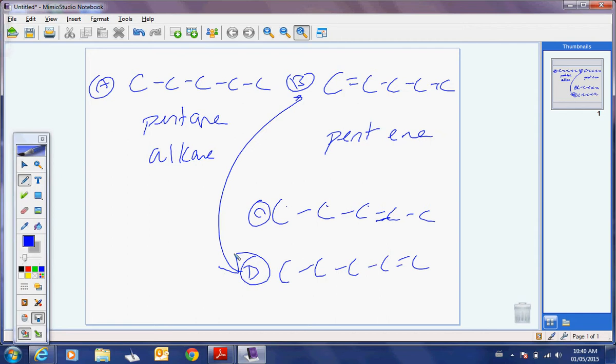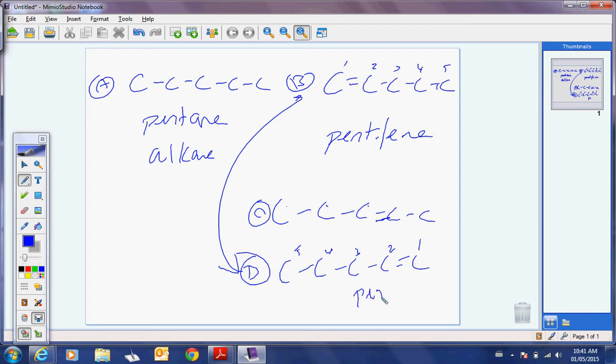We need to name them differently if they are different. So this one's going to be pent-1-ene, because I put the double bond on carbon 1. 1, 2, 3, 4, 5. And this one is still carbon 1, 2, 3, 4, 5. Abby and Andy, please be quiet.